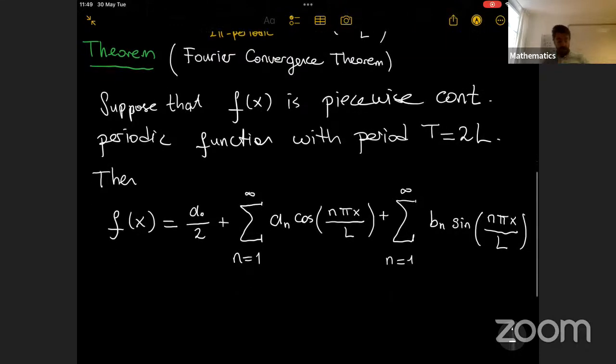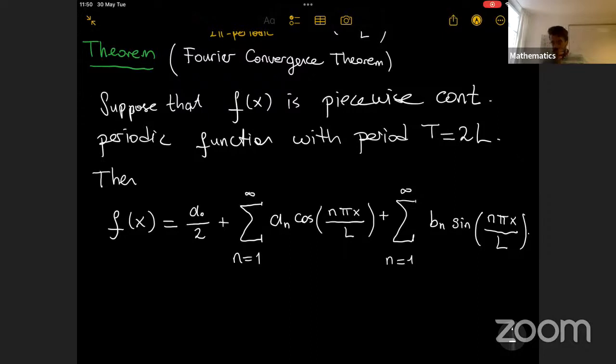Okay, so this says basically for any periodic function you can write it as a combination of sine and cosine functions. The coefficients an and bn, we will determine later. Right now it says you can write any periodic function as a combination of sine and cosine functions plus some constant.